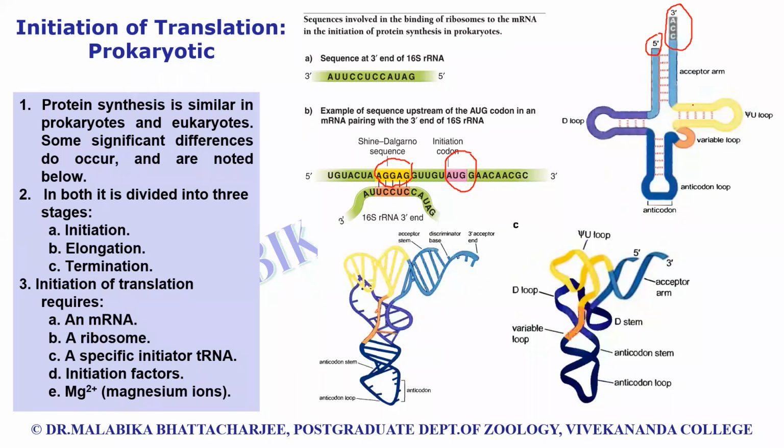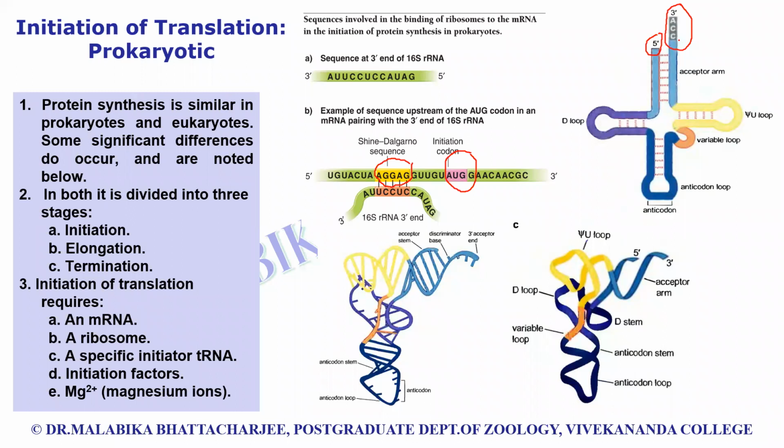Although the exact sequence varies, all tRNAs have some common features. The first common feature, which I just showed you, is that at the 3' end there is the ACC, so reading it from the 5' end, the CCA sequence. This is the end to which the amino acids will be attached to the tRNA by the enzyme amino acid tRNA synthetase.